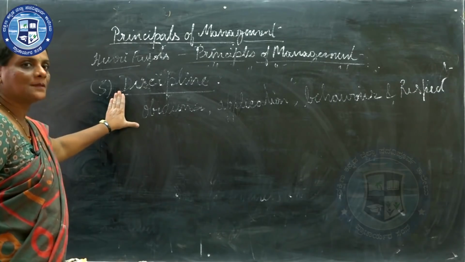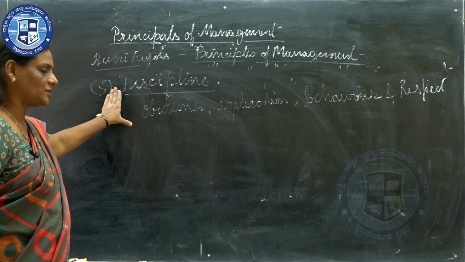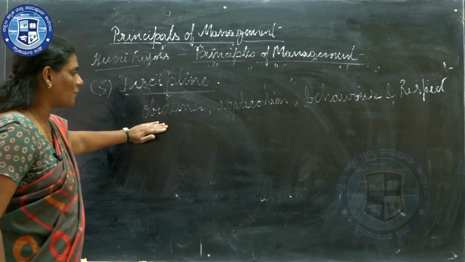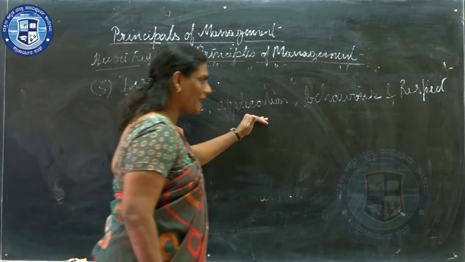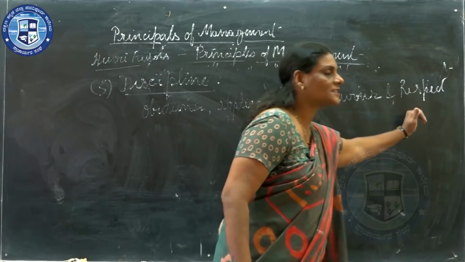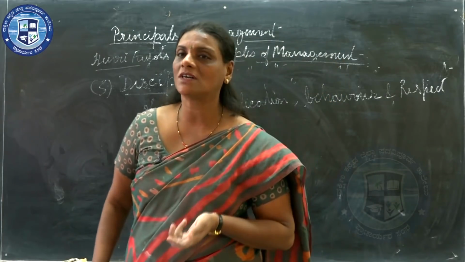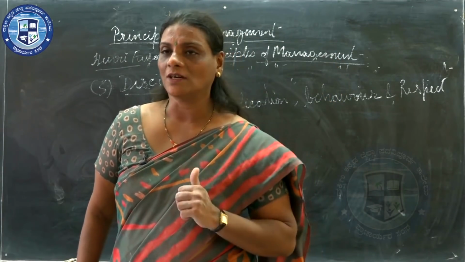So when you are taking the discipline factor into mind, it has to have obedience, you have to apply it, and the behavior and the respect the employee shows towards his manager.